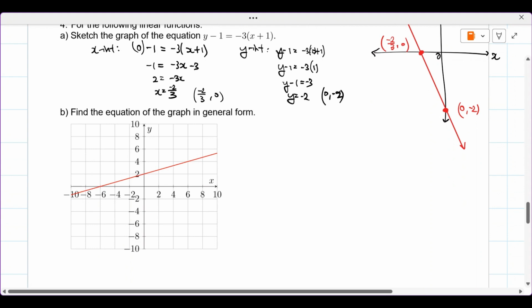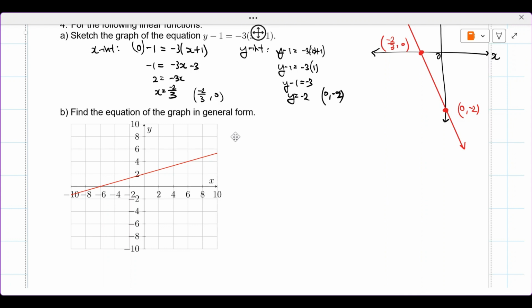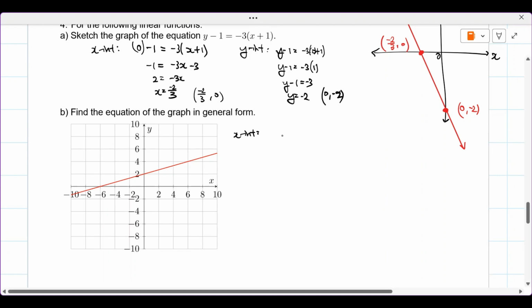Part B, find the equation of the graph in the general form. So first thing we need to do, let's identify the y-intercept and the x-intercept, and then we'll use those 2 values to find the slope. Okay. So here we know that the x-intercept is (negative 6, 0), and the y-intercept is (0, 2).